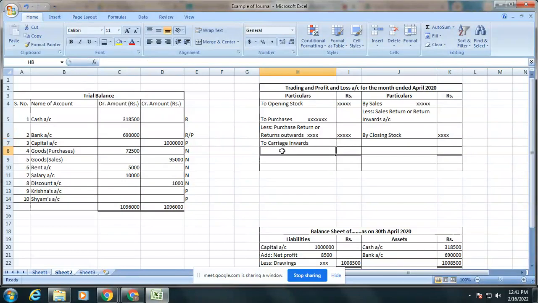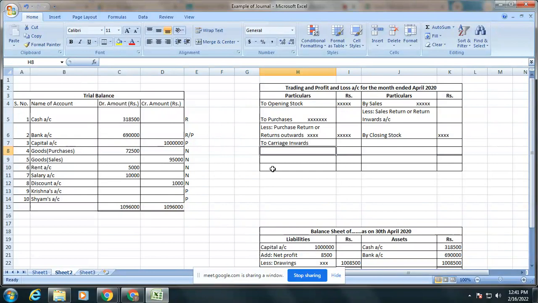Carriage inwards means money that you spend on transportation of the product when it is brought into business. Okay, carriage outwards means जब product sale हो गया and you're sending it to the customer, whatever you spend on transportation is known as carriage outwards. So carriage inward is considered as part of trading account, and carriage outward is part of profit and loss account.